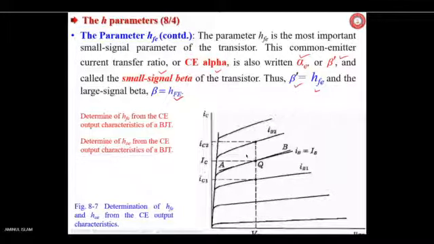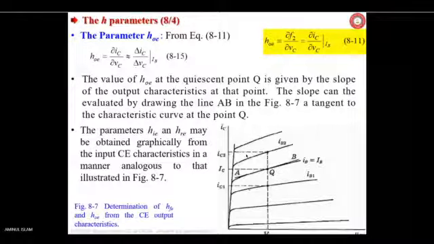Okay, so you can also find out the HOE at the quiescent point Q, and how is it done? You plot a tangent here, draw a tangent at the Q point, and accordingly measure the values and find out. The slope can be evaluated by drawing the line AB, a tangent to the characteristic curve at the Q point. Here at this point, the tangent is drawn.